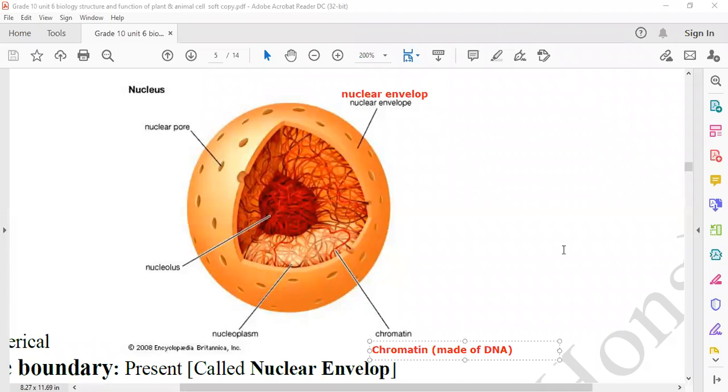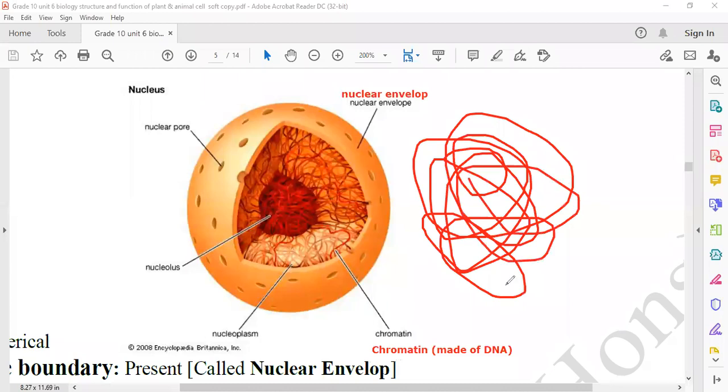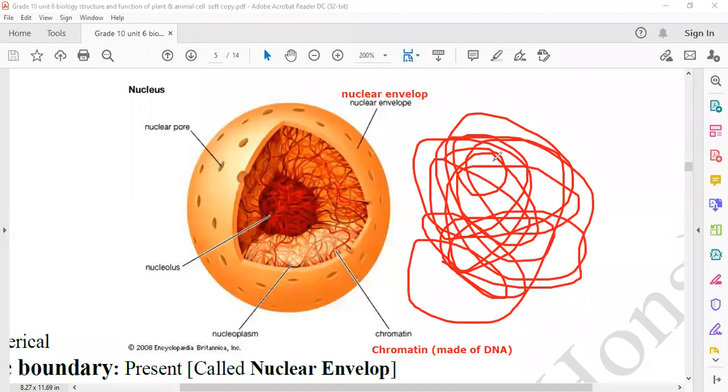Okay, right. Remember, in this DNA, now I take this component, the chromatin will be like this. Understood? What is it?